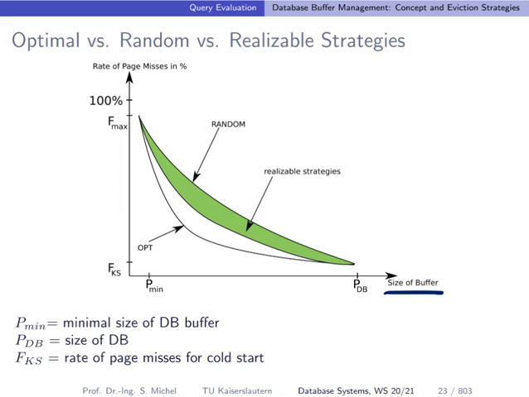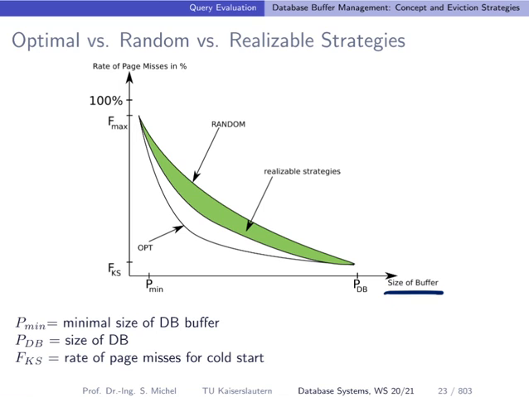If you want to access a page and it's not in the buffer, this is called a miss. And if the page is found in the buffer, this is called a hit. If you want to later investigate how good different strategies perform compared to others, we can also count the hit rate in percentage, or the miss rate in percentage. In this case here you see the page misses in percentage.